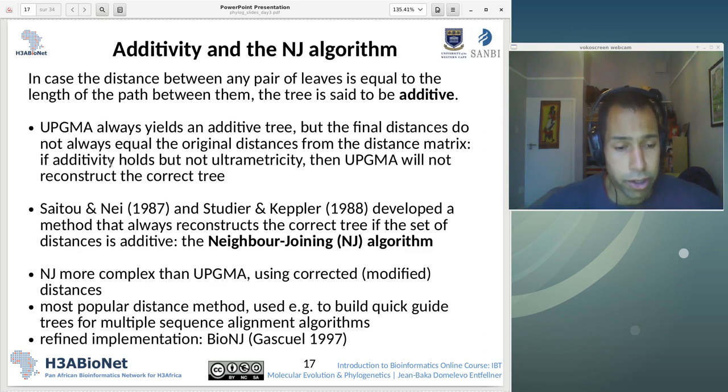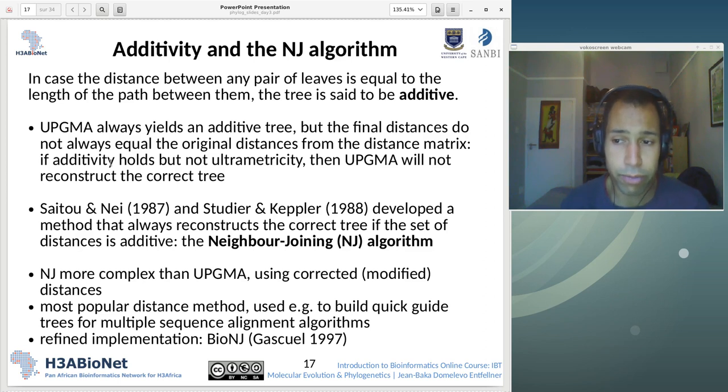So NJ is more complex, and it uses corrected or modified distances calculated in a certain way from the original distance matrix. It's the most popular distance method now, and it's still used nowadays to build guide trees for multiple sequence alignment algorithms.